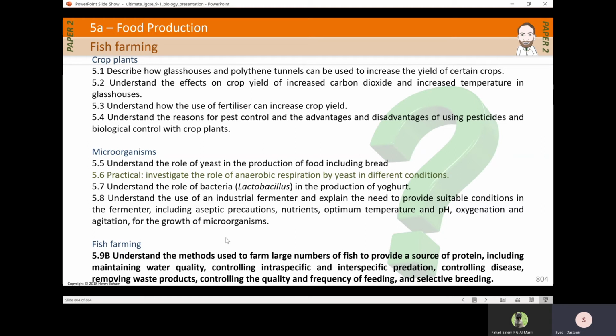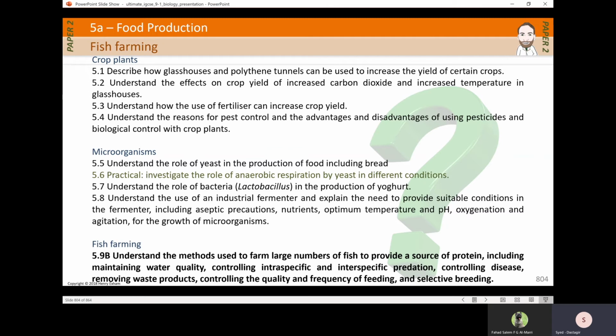growth of microorganisms. Right, so moving on then, fish farming, quite simple. We need to understand it's used to farm large numbers of fish, and why do we do this? Because people love to eat fish, because it's a very good source of protein, and how we maintain water quality when we do the farming, control intraspecific and interspecific predation.